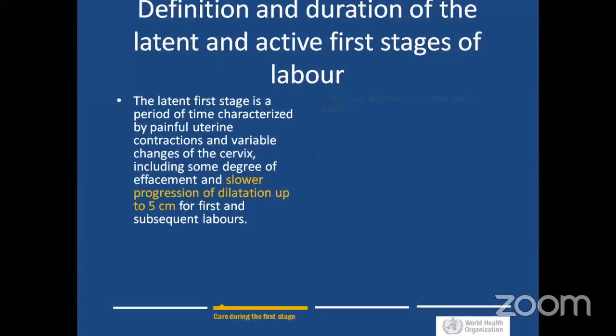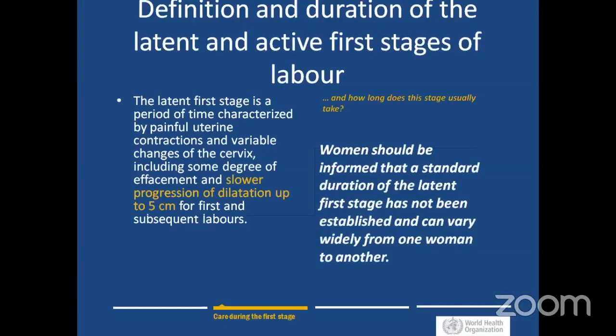The latent phase of labor, actually, the WHO labor guide has left it to us. It does not give you the duration. It says women should be informed that a standard duration of the latent first stage has not been established and can vary widely from one woman to another. So please understand that this WHO labor guide has not given a duration of the latent phase, although it has said that the latent phase can be considered up to 5 centimeters dilatation.